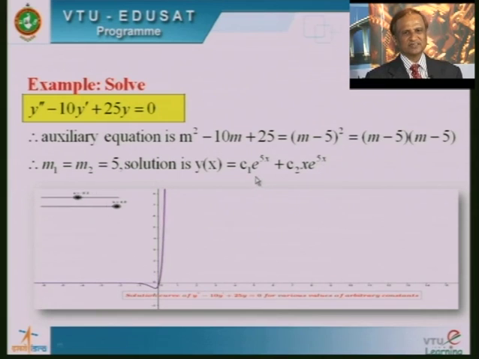Here e to the power 5x is common, so instead of writing it 2 times, you can write c1 plus c2x into e to the power 5x.